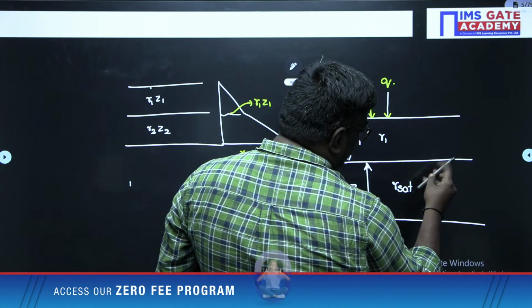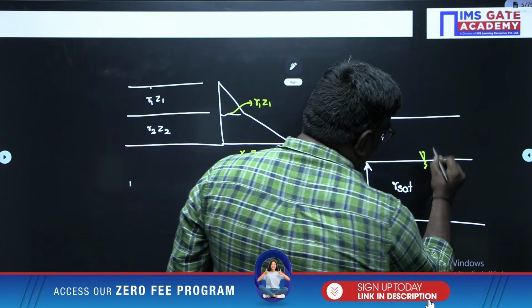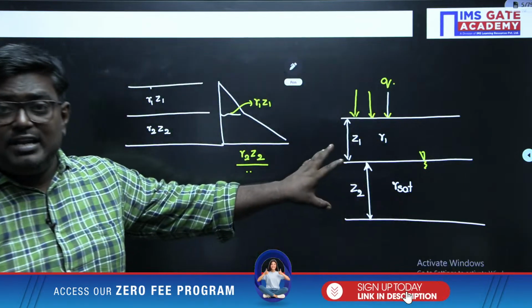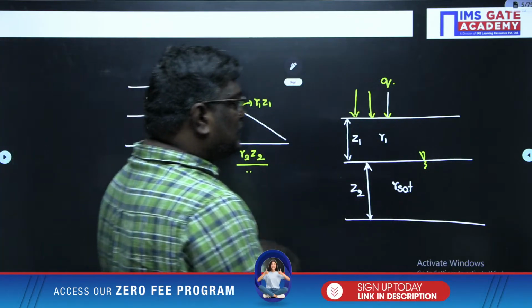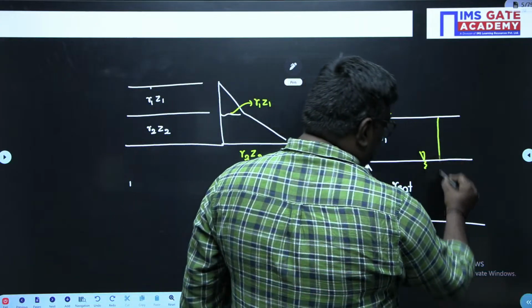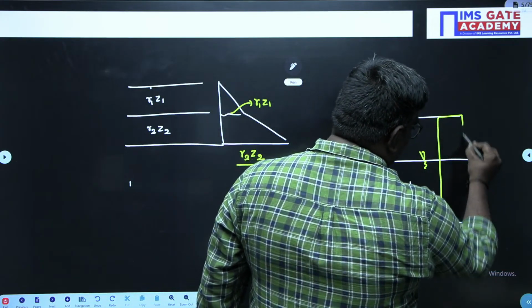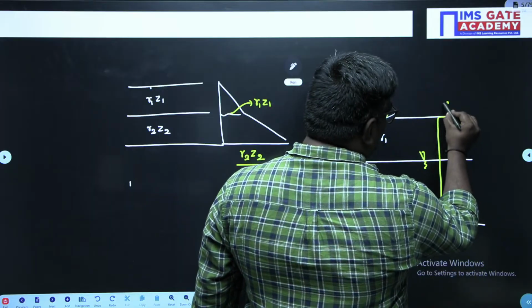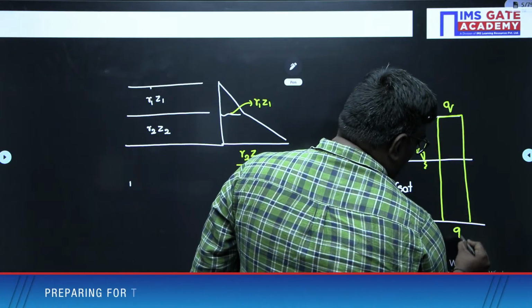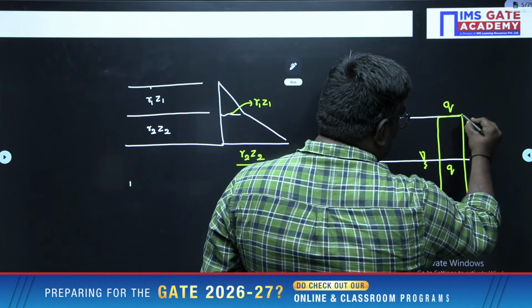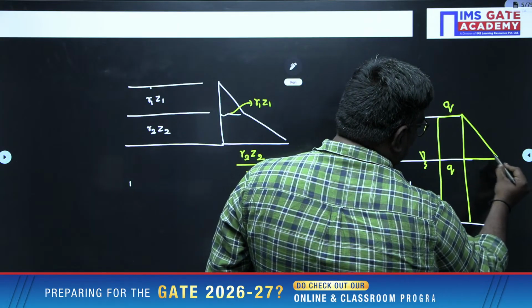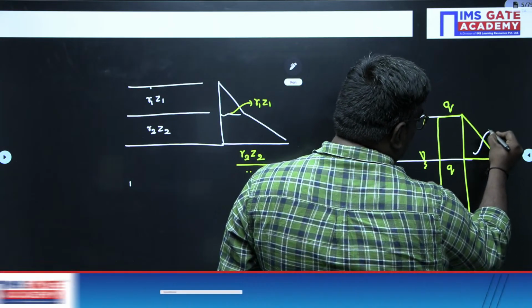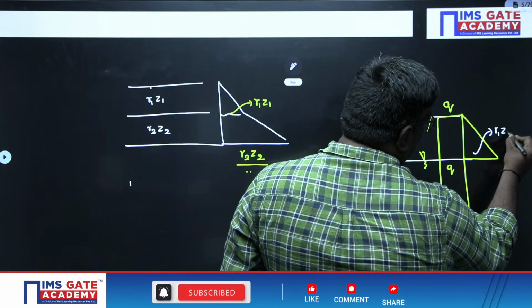And remember, my dear students, there is a water table effect. So whenever there is a water table effect, if you see the diagram here, due to surcharge, I am just drawing, it will be the same throughout. This is Q, Q, Q. Here this value can be written as gamma 1 into Z1.